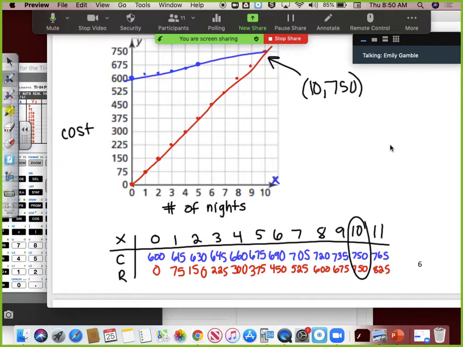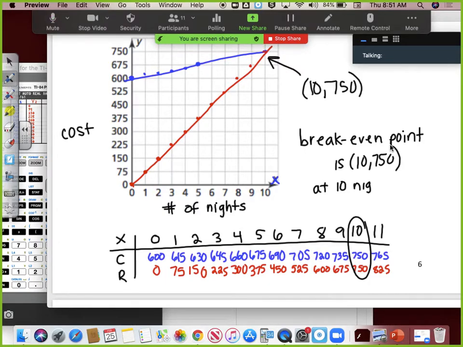That means the break-even point is 10, 750, which also means at 10 nights, the cost and revenue are equal.